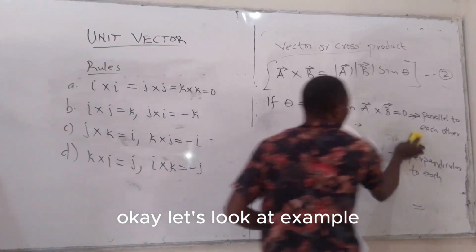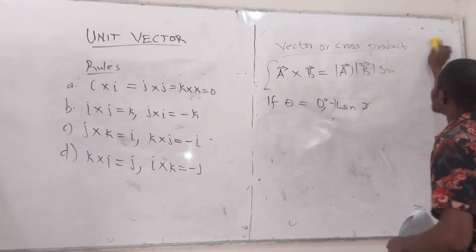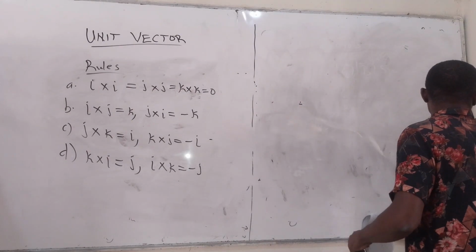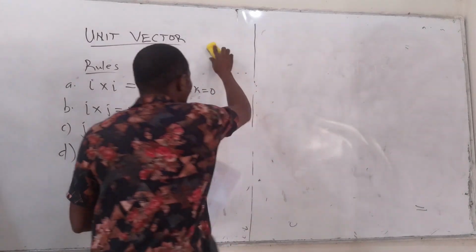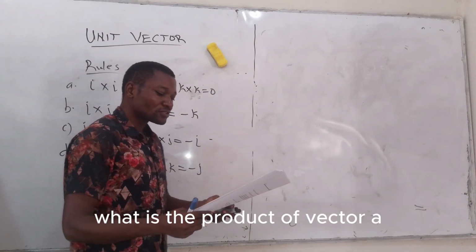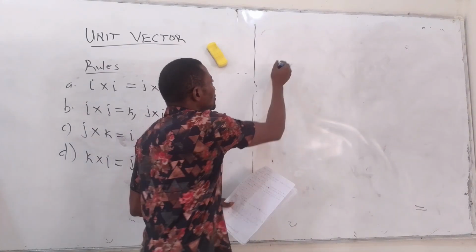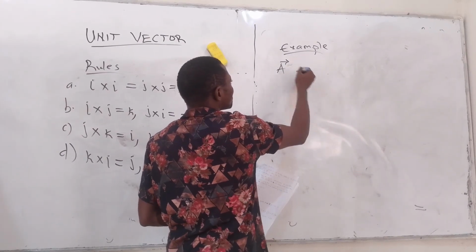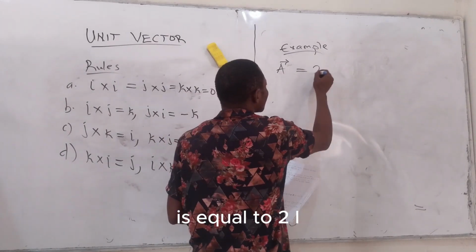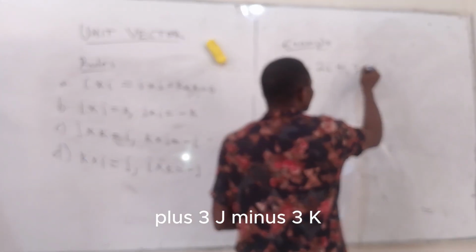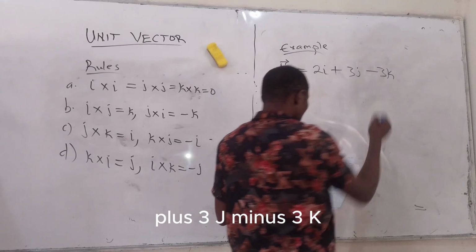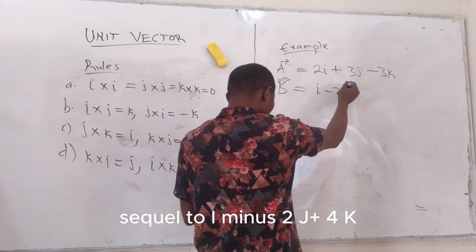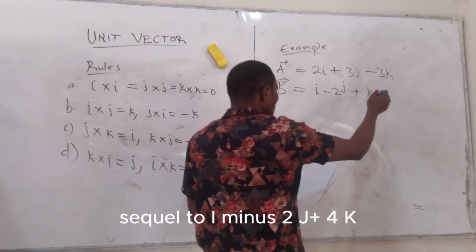Okay, let's look at an example. What is the cross product of vector A is equal to 2I plus 3J minus 3K, and vector B is equal to I minus 2J plus 4K?